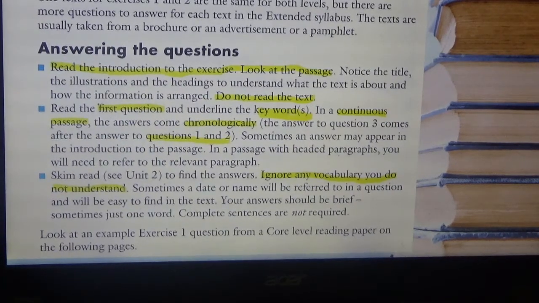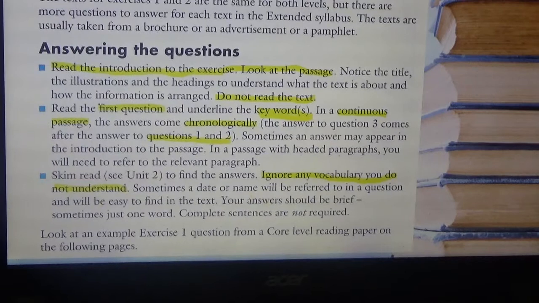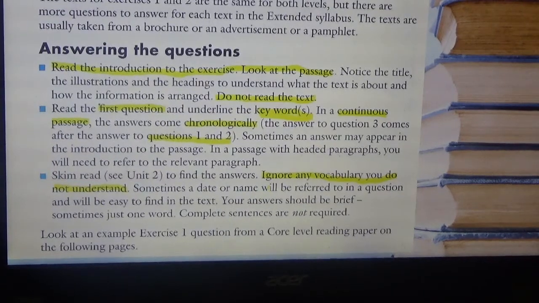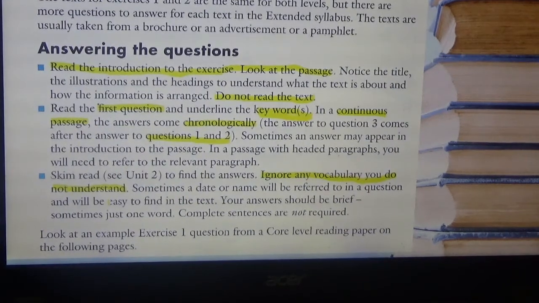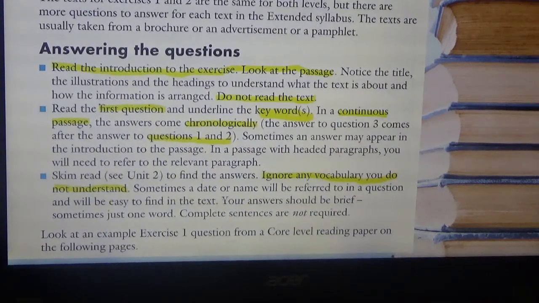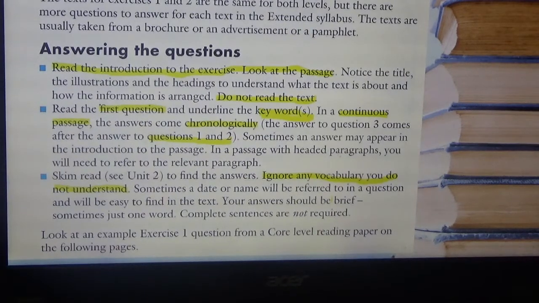Why? Sometimes a date or name will be referred to in a question and will be easy to find in the text, so you will be guided. The answer should be there. Your answer should be brief. Okay, we have to take note of it.